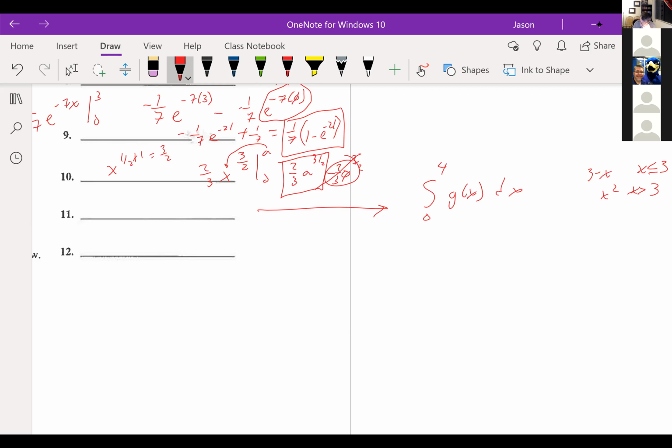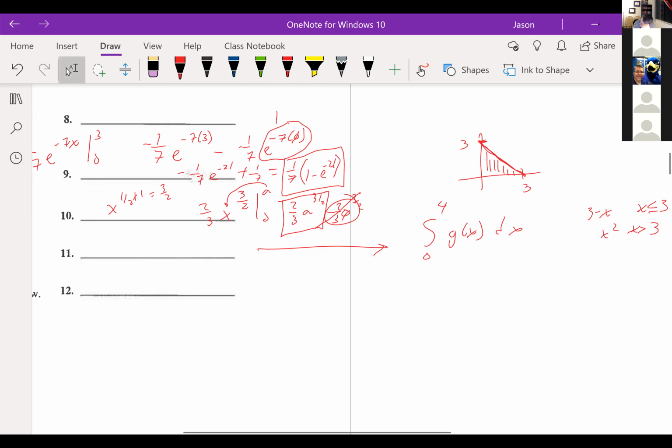So if you think about what 3 minus x looks like, we're at 3 in the y-intercept, and then we go down to 3. So from 0 to 3, we are under this curve here.